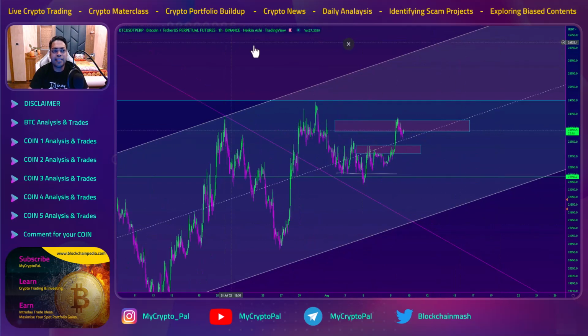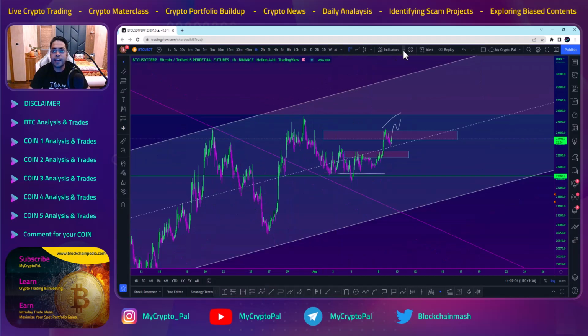Like I said, this is the 1 hour time frame, so we want to see something on the higher time frames. You can see price came back beautifully, tested the middle of the channel and is going up like this. I want to see something like this on the higher time frame, and I would like to see a little bit of divergence on RSI. Let me just add this RSI for you.